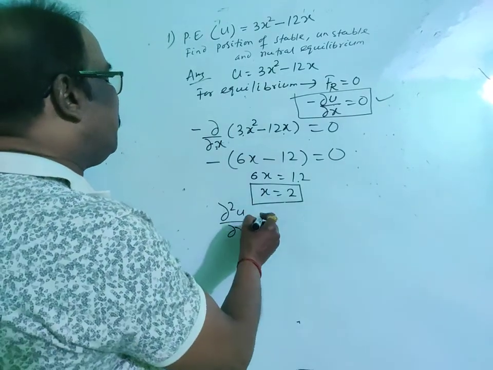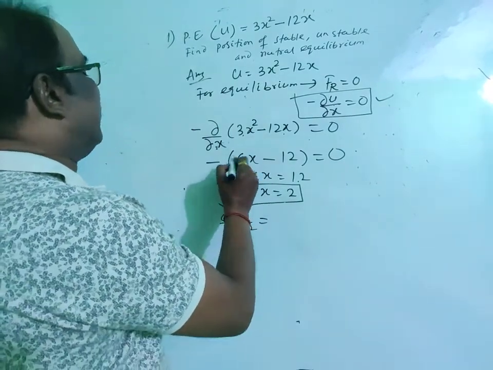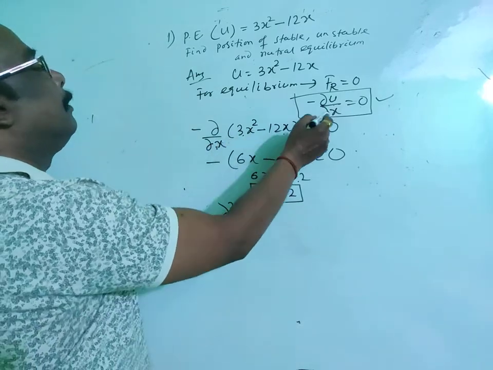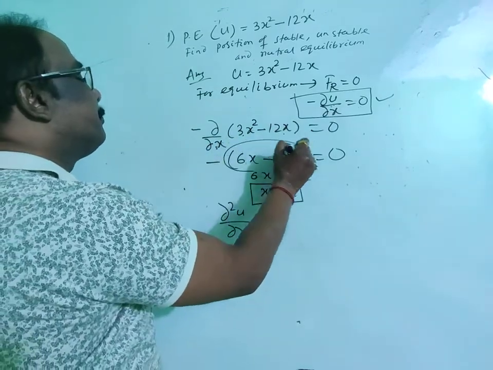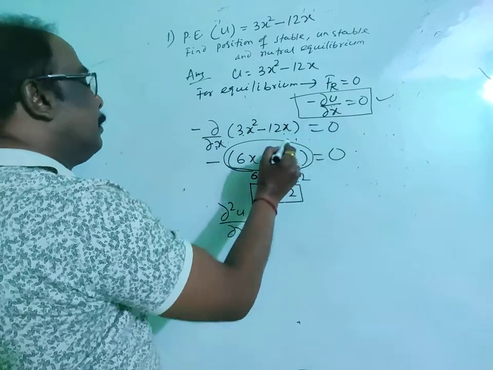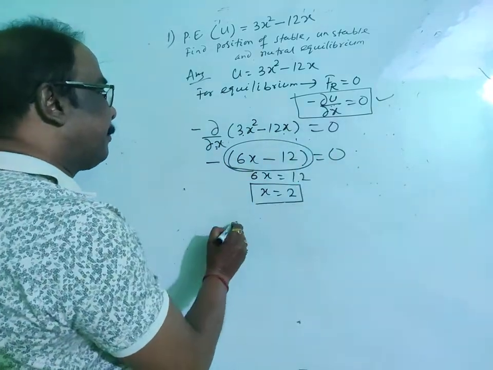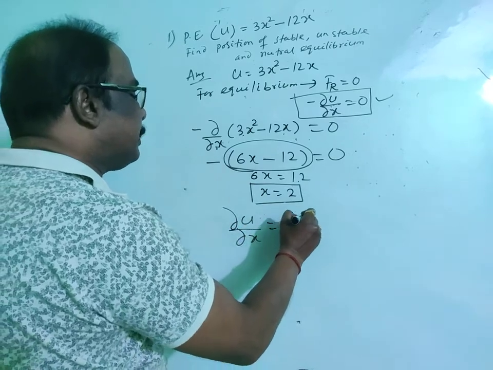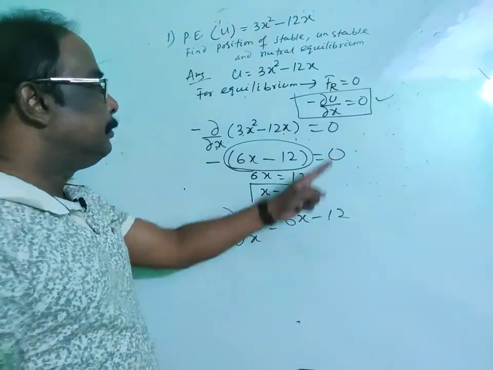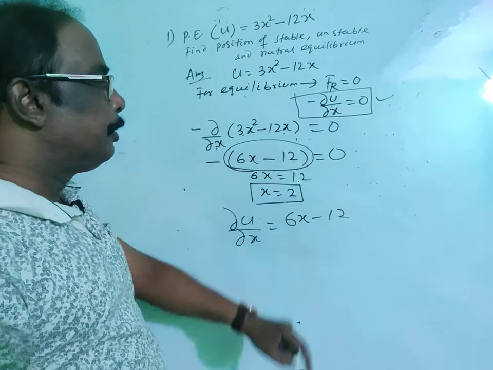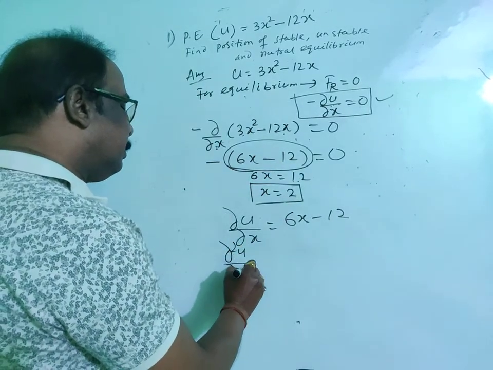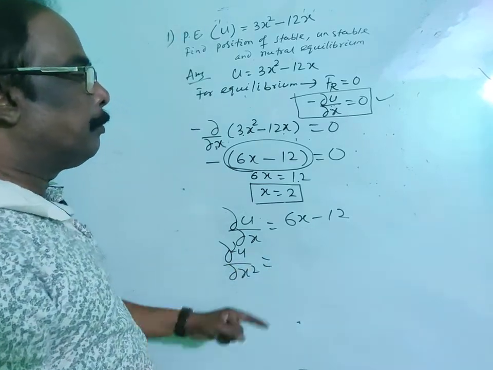So d square u by dx square: see, du by dx is equal to 6x minus 12. Du by dx is 6x minus 12. So similarly, d square u by dx square is equal to, what will come?